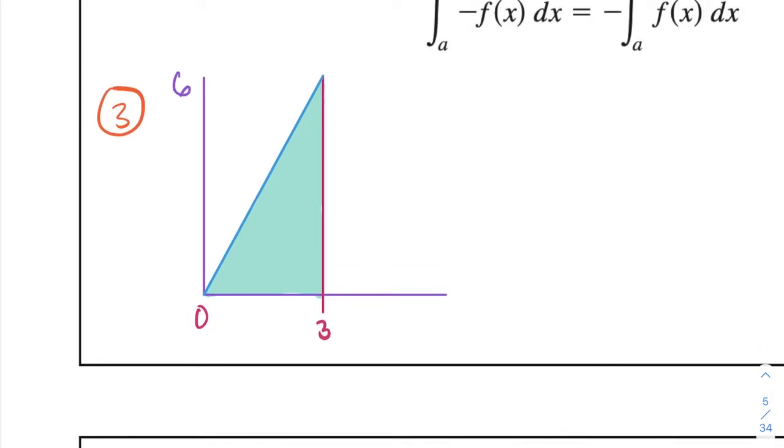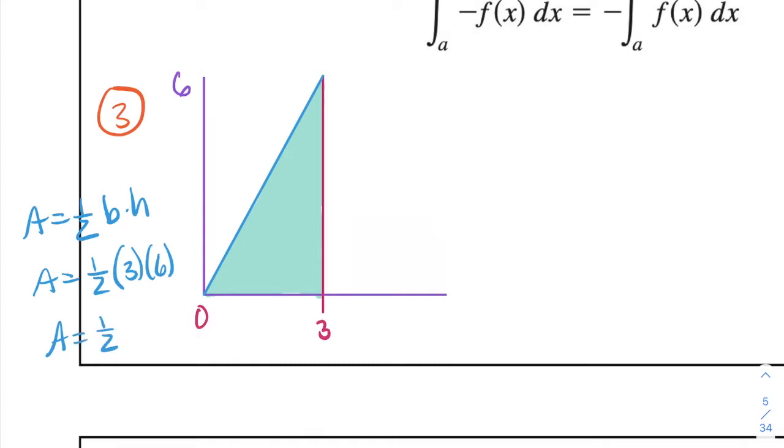And what you notice here is that 0 to 3 is 3, so it's 1/2. Area is 1/2 base times height, so area is 1/2 of 3 times 6, so area is 1/2 of 18, and so area is 9.